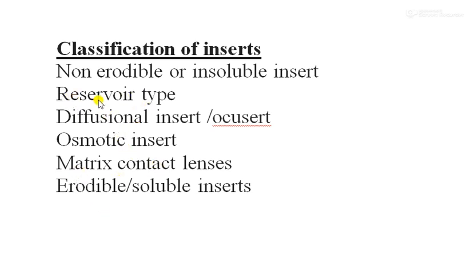In reservoir types there are another two types, that is the diffusional insert, an example of which is Ocusert, and the osmotic insert. Okay, and in the matrix types the example is contact lenses.